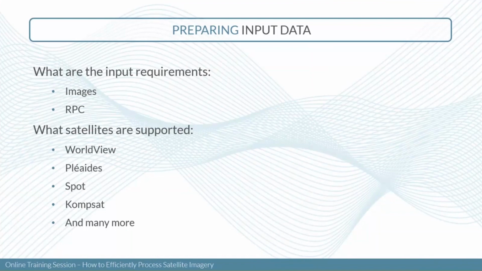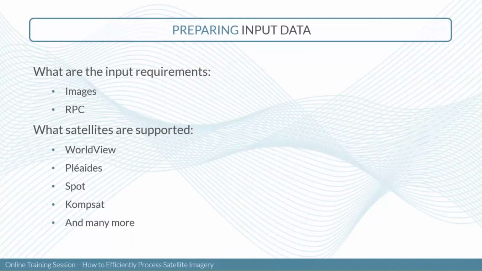So basically, what satellites can Correlator 3D support? Correlator 3D can support many satellites as long as you have the image file stored in 8-bit or 16-bit and the RPC file that is attached with this satellite scene. We can support satellites such as WorldView 1, 2, 3, and 4, if you still have data from these satellites.